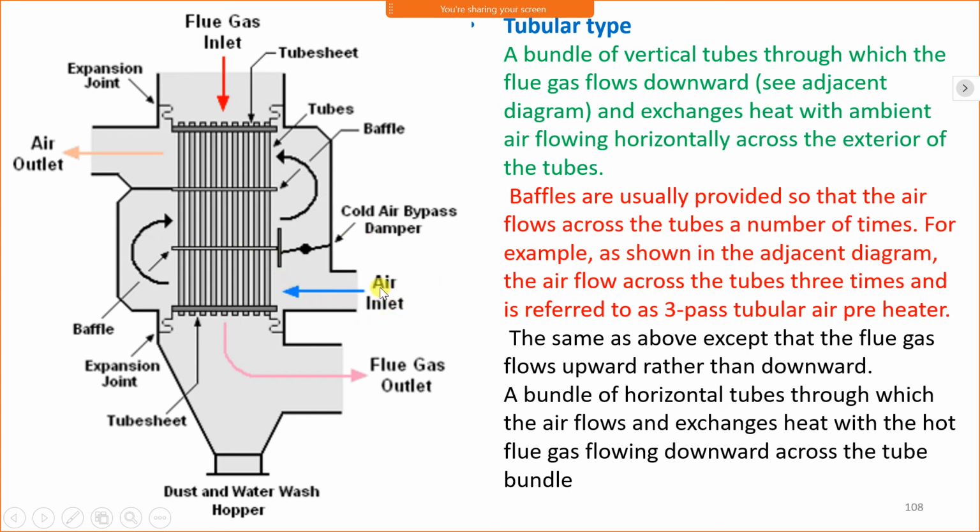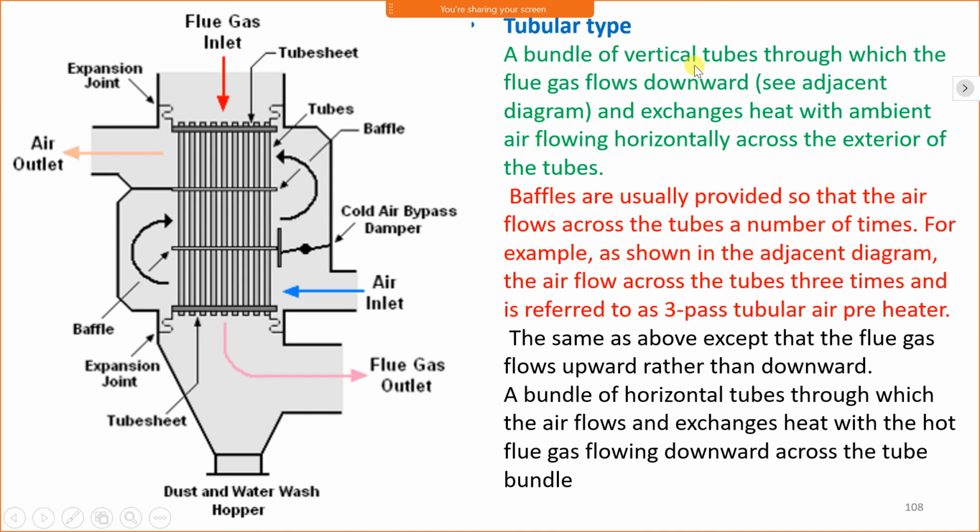First, air enters from this direction and leaves from the left end. Then from the left end it enters in this direction and leaves from the right end. From the right end it enters and leaves from the left end, meaning 3 pass: first, second, third.